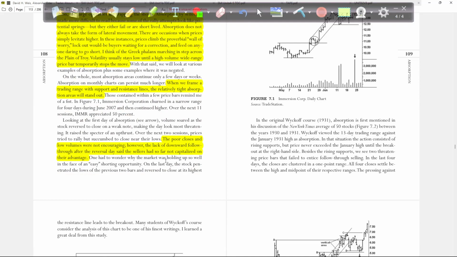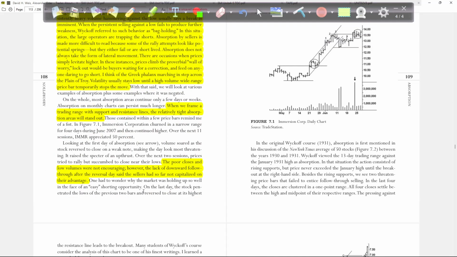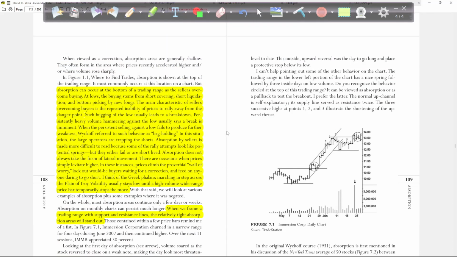One had to wonder why the market was holding up so well in the face of an easy shortening opportunity. On the last day, the stock penetrated the lows of the previous two bars and reversed to close at its highest level to date. This outside upward reversal was the day to go long and place a protective stop below its low.